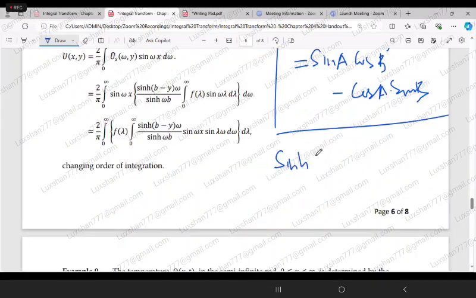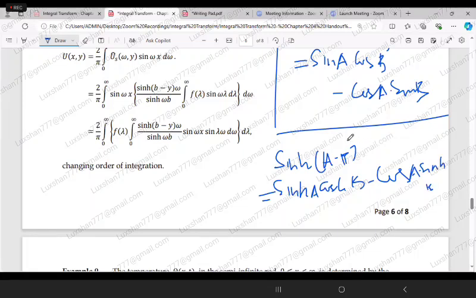Sinh a minus b is equal to sinh a cosh b minus cosh a sinh b.